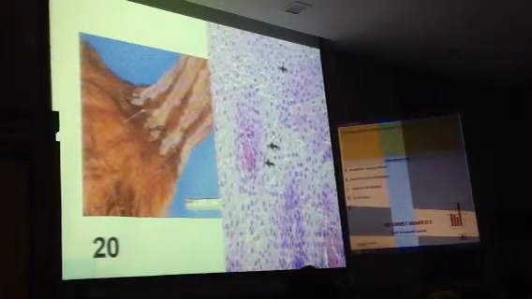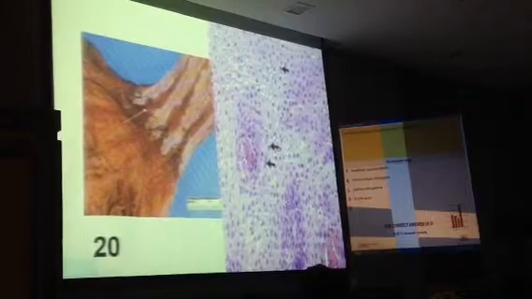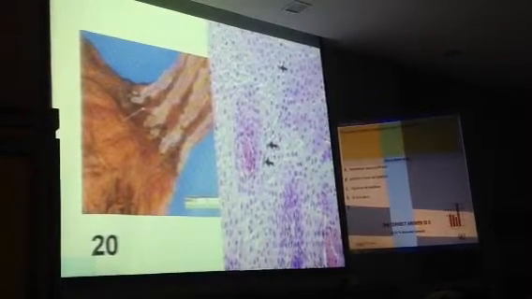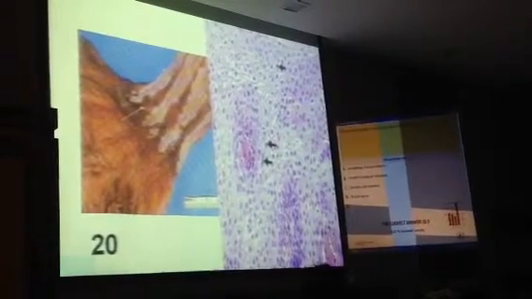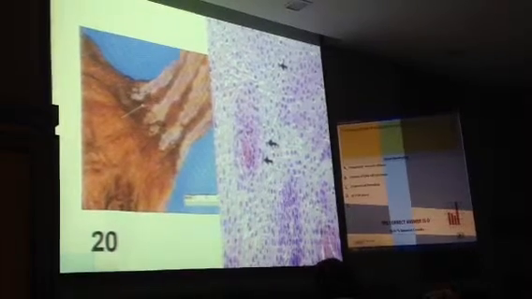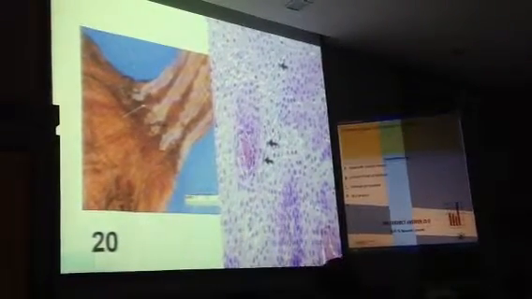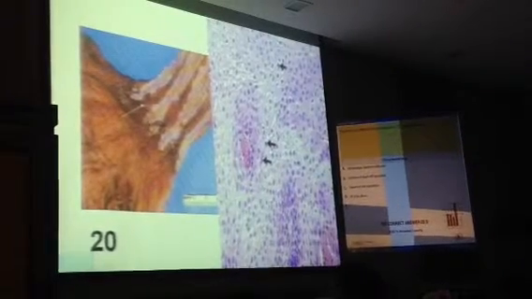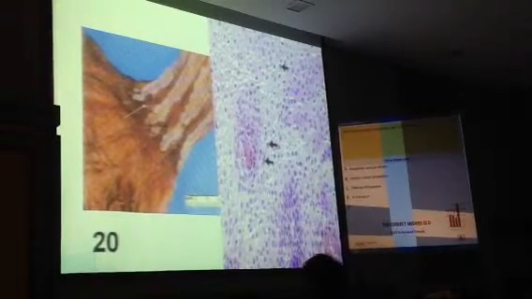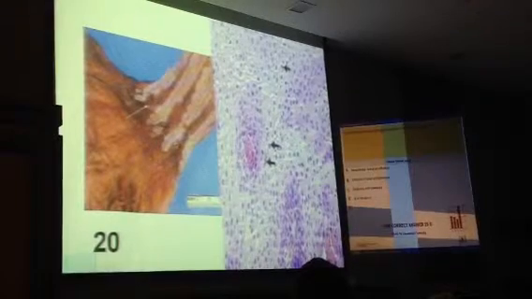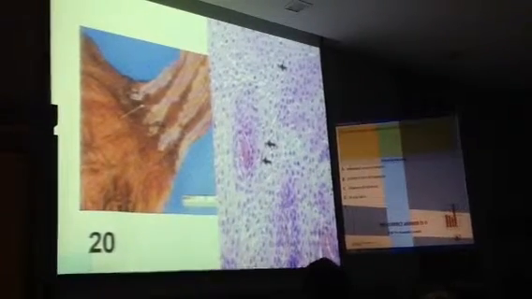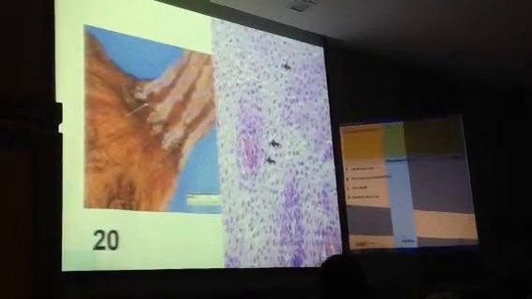So all of the above are correct, and this is a finding that we see in gastroesophageal reflux. Okay? Basal cell hyperplasia, squamous cell hyperplasia, and intraepithelial leukocytic infiltrate are key morphologic features of gastroesophageal reflux.